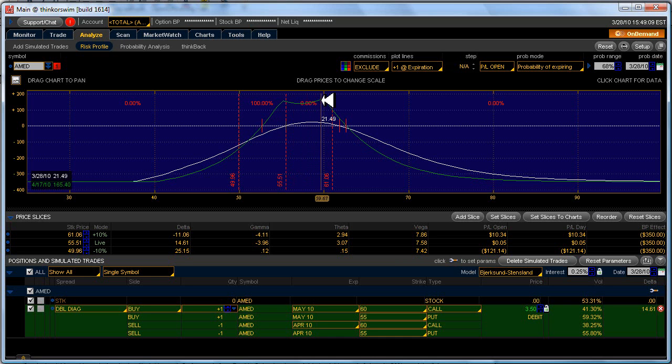And in this case, looking down here at this box at the green number, which indicates the price at expiration, we're looking at a maximum gain of approximately $165. And if we look down here, we're looking at a risk of 350. So that is almost a 50% gain for a maximum.